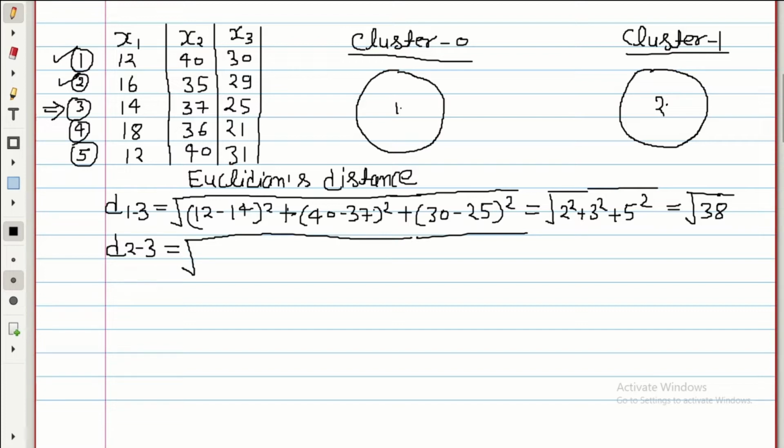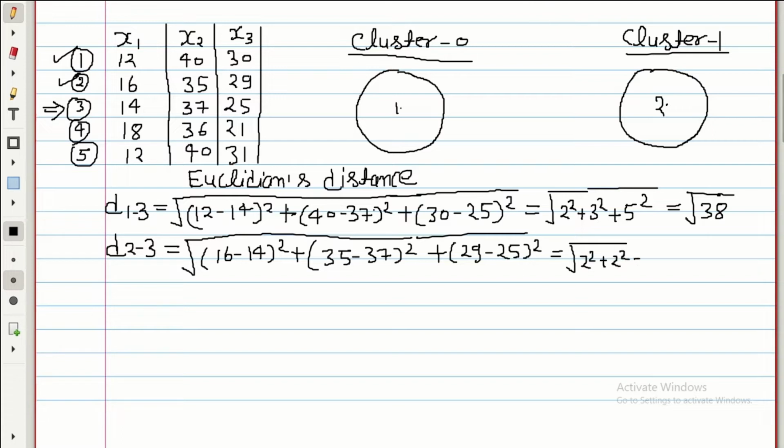If you calculate, that would be equal to 16 minus 14 whole square plus 35 minus 37 whole square plus 29 minus 25 whole square, which is 2 square plus 2 square plus 4 square, that would be equal to under root 24.